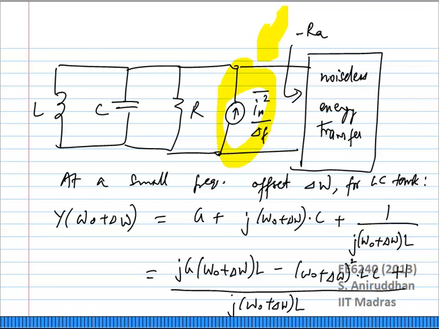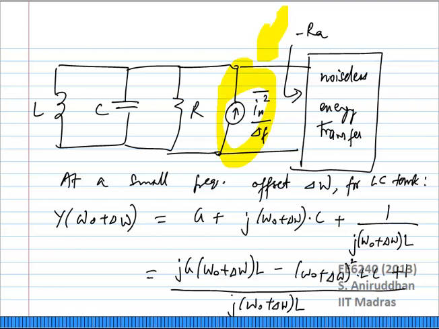It will look like a real LC tank, but the closer you get to the fundamental oscillation frequency, the better it will look. It will look closer and closer to an ideal LC tank. So in other words, you really need to take the equivalent resistance between R and minus RA. This will have a residual positive component at all other frequencies other than omega naught. At omega naught, it will be 0.